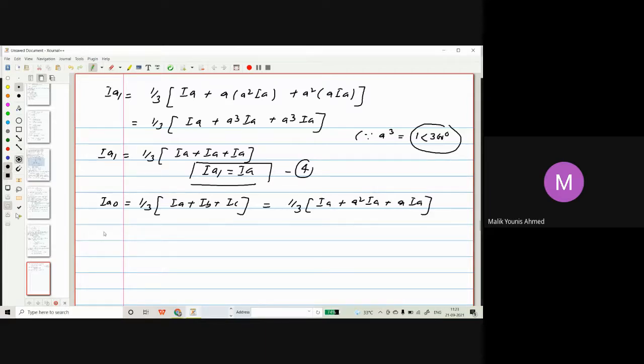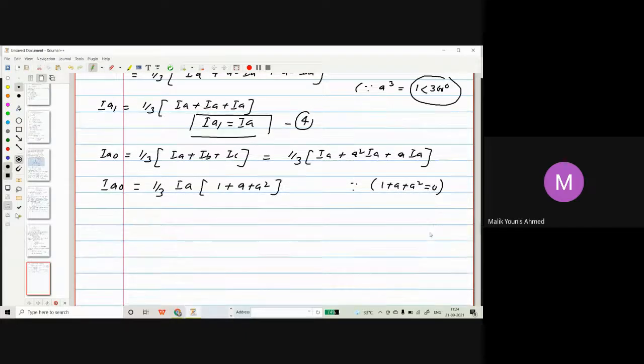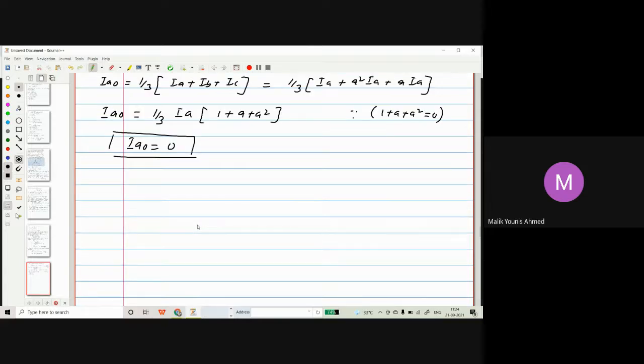So I naught will be equal to 1 by 3 IA, taking it common, times 1 plus A square plus A. And we know the identity 1 plus A plus A square is equal to 0. So we can write I naught is equal to 0. So there is no zero sequence current in the case of a triple line fault. Okay. Next, this is equation number 5.